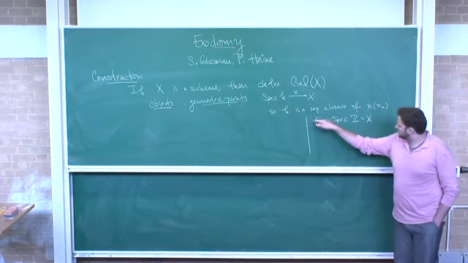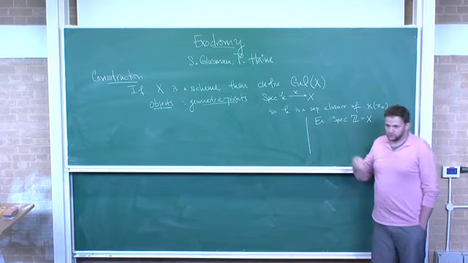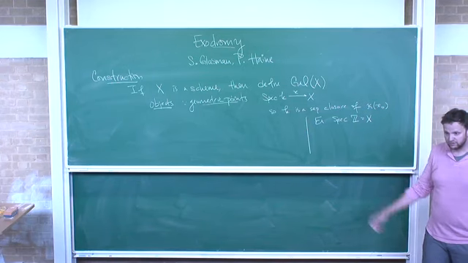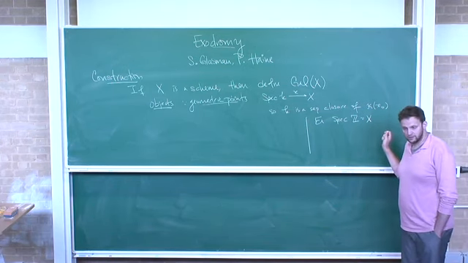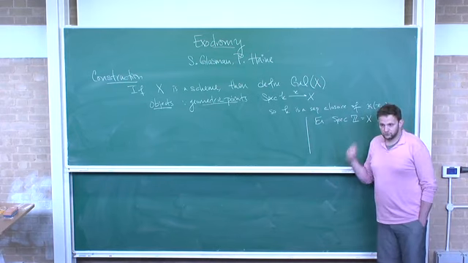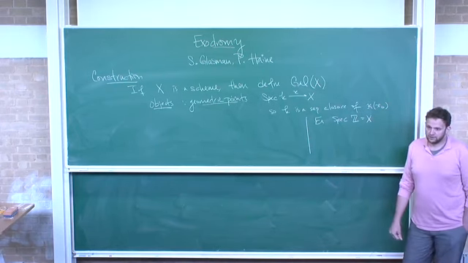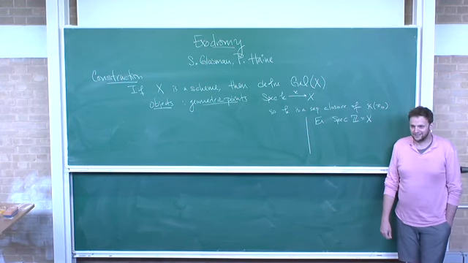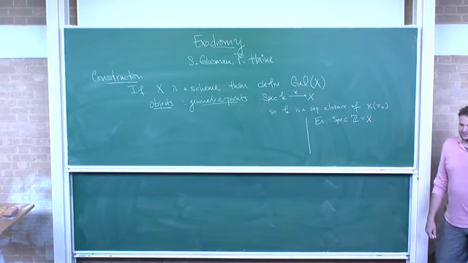Well, what kinds of points can arise? One thing I can do is look at an algebraic closure of a finite field, and that defines a geometric point. Or I can look at an algebraic closure of the rationals, and that defines a geometric point. And that's the list of all the different geometric points. So that's what the objects are.